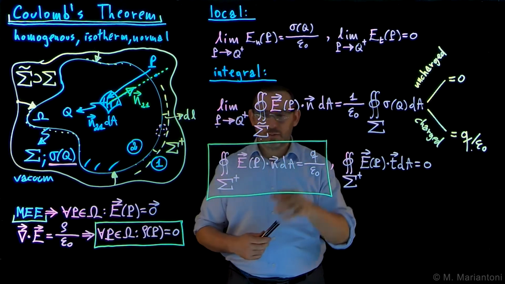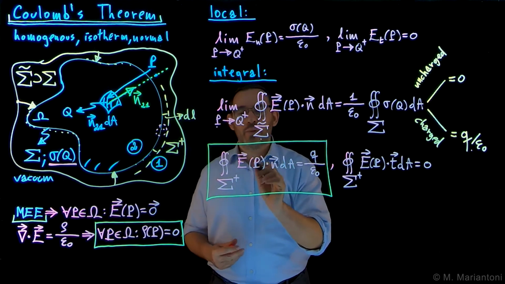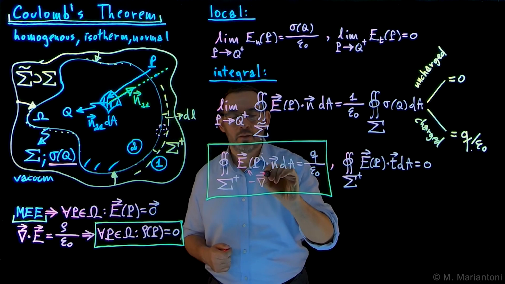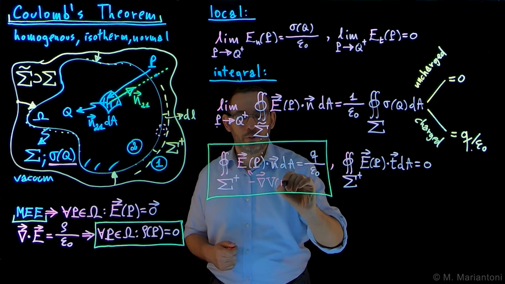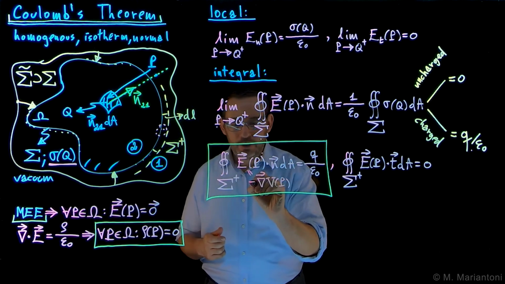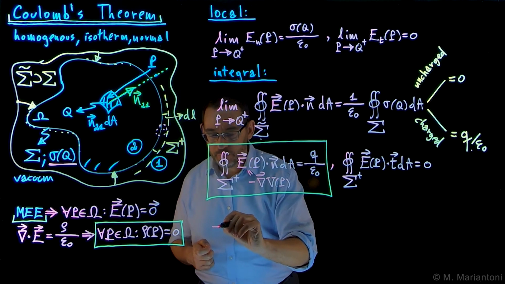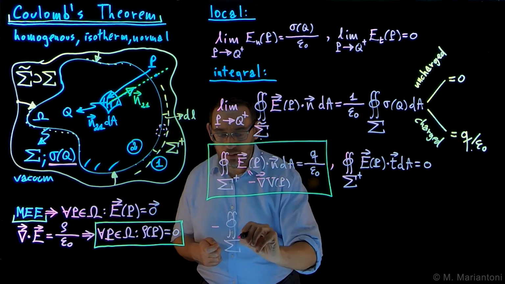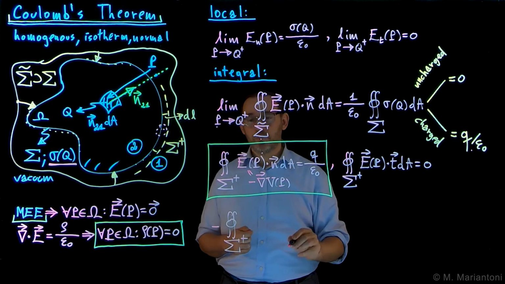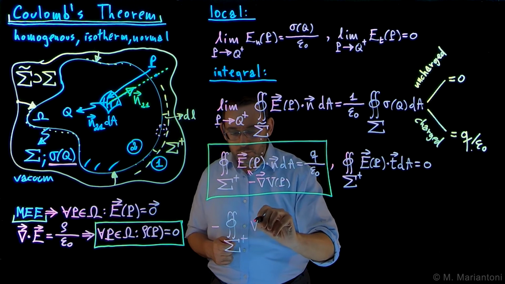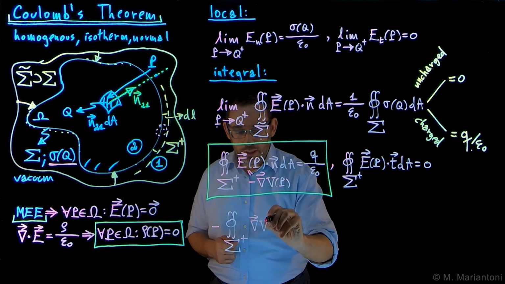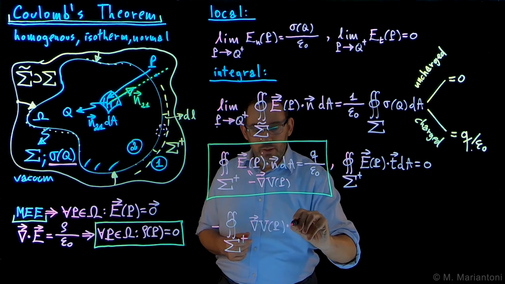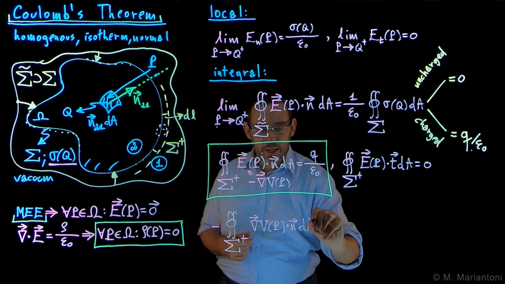So if we rewrite this as a function of V, well then, remember that E is equal to minus gradient of V at point capital P. Okay, so we need to remember this minus sign, so we bring out a minus sign, perform the integral on the limiting surface, which again means simply we are doing the limit of the integral, capital sigma plus. Then we are projecting the gradient of V at point capital P, which with the minus sign is E, on the normal direction n, dA.